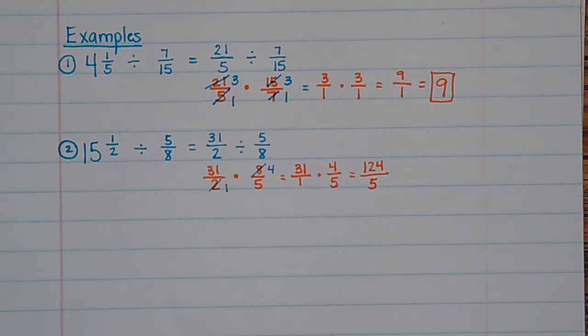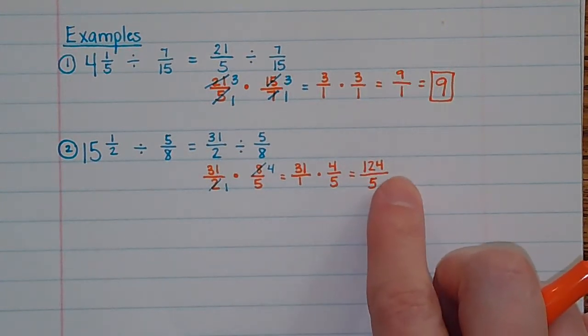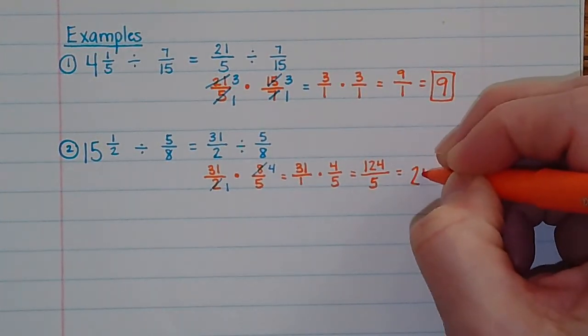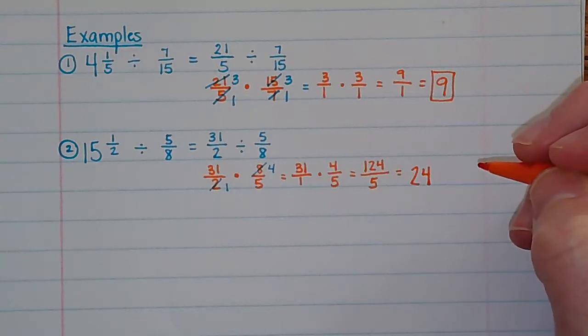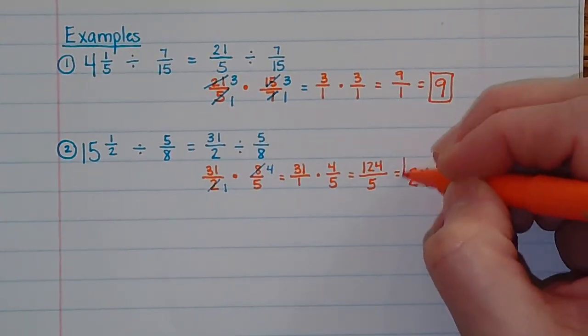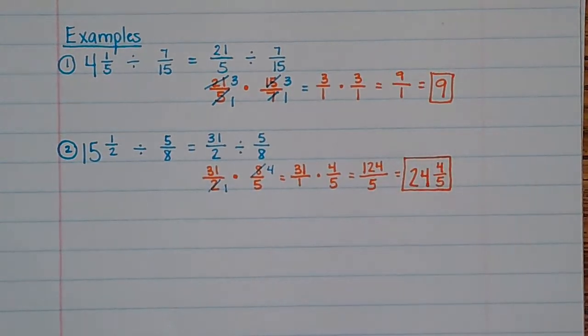But if they want it as a mixed number, you do have to convert it. So how many times does 5 go into 124? It goes into it 24 times. And then there's 4 left over, and my denominator stays the same. Okay? All right. Next one.